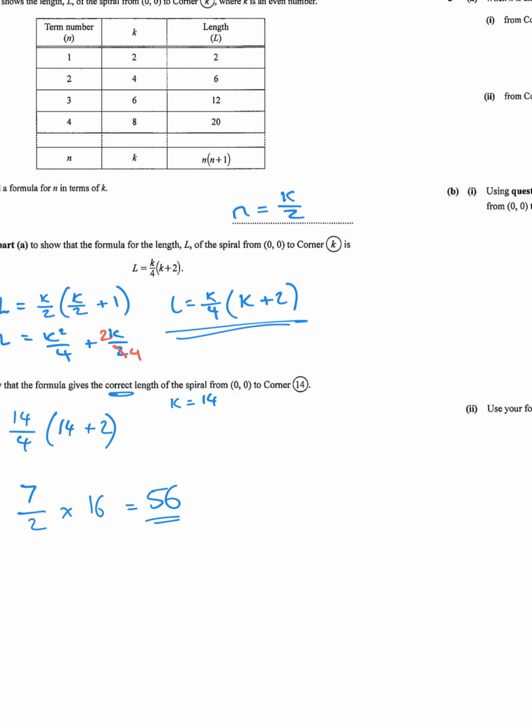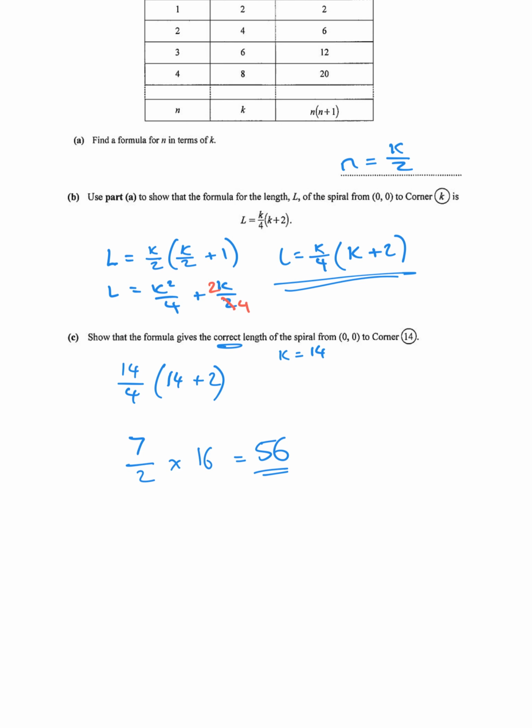So let's have a look at this here. We need to do 1 plus 1 plus 2 plus 2 plus 3. Let's just check how many we've added together. 1, 2, 3, 4, 5, 6, 7, 8, 9, 10, 11, 12, 13, 14.